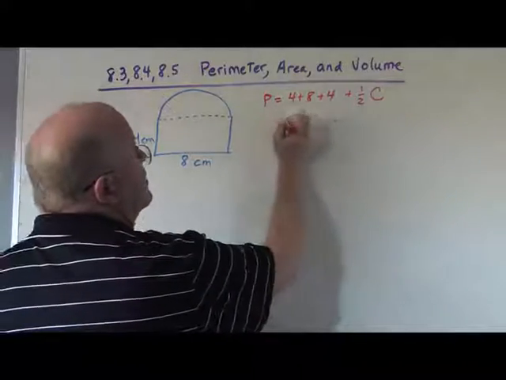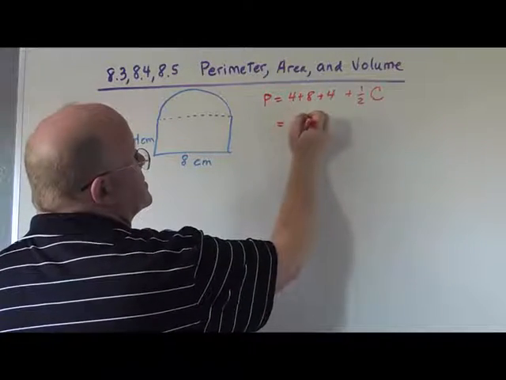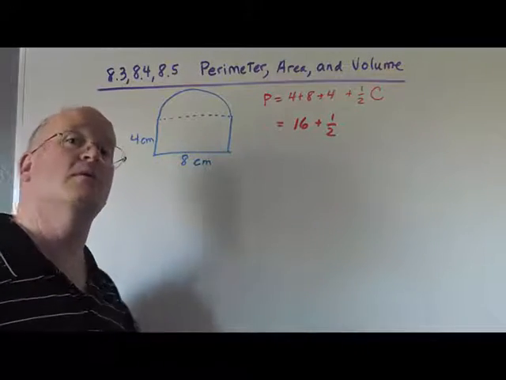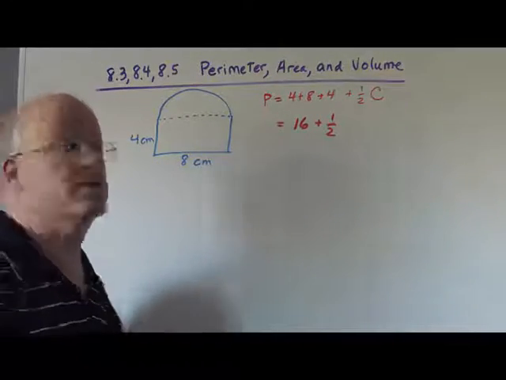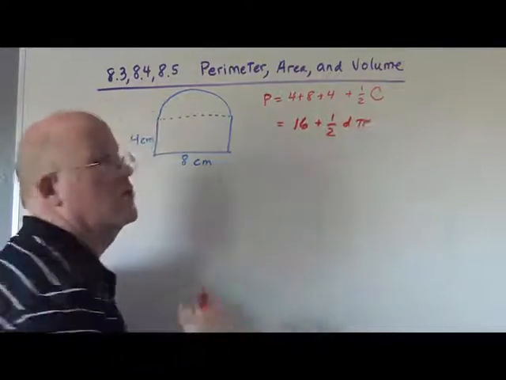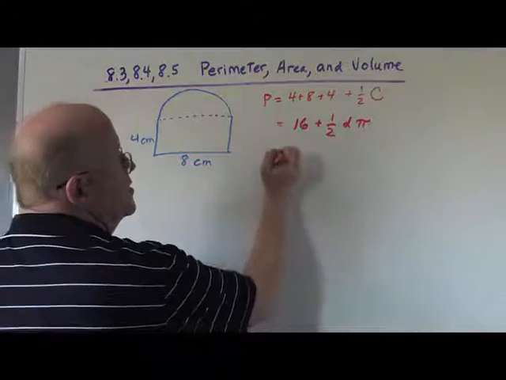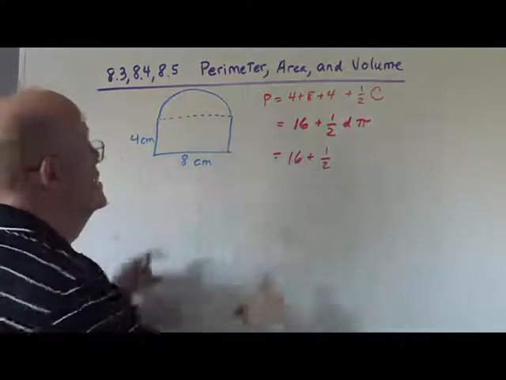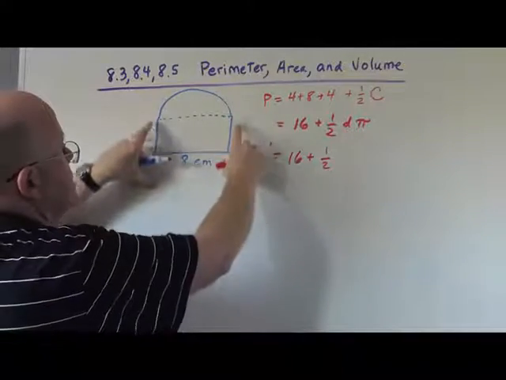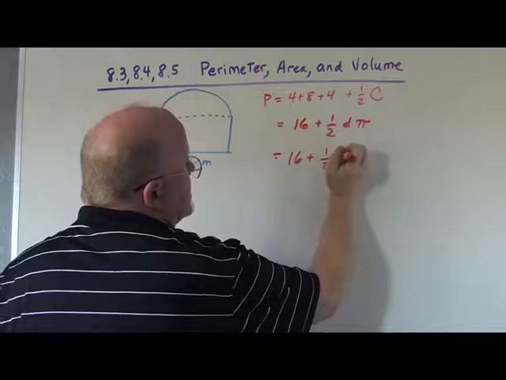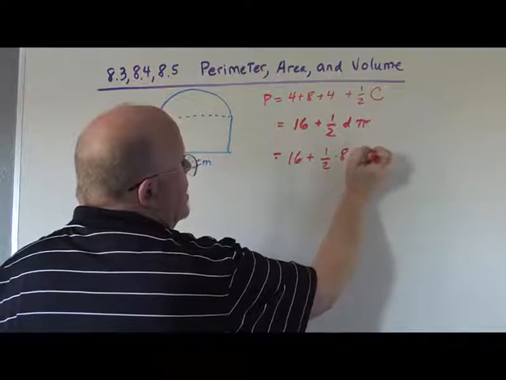Now what are we going to have? 4 plus 8 plus 4 is 16, plus 1/2 of, the formula for a circumference is diameter times pi. So I'm going to write d pi down, and then we'll go from there. Here we go. We've got 16 plus 1/2 times the diameter of the circle, which is the same up there as it is down below, 8, times pi.